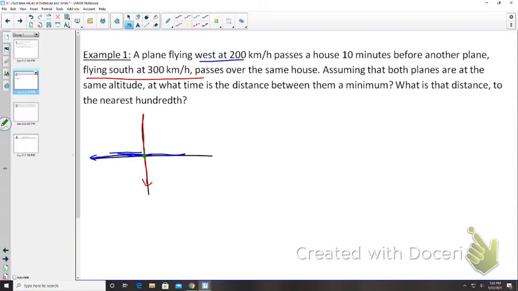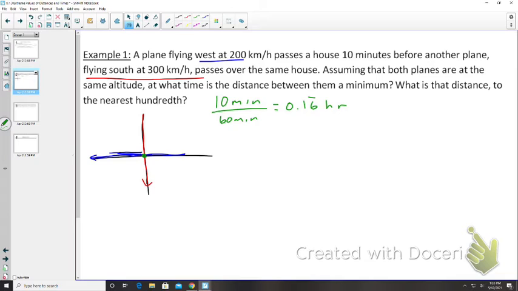So let's think about this, and let's use our physics skills to help us find some distances. 10 minutes divided by 60 minutes gives us 0.16 repeating of an hour.